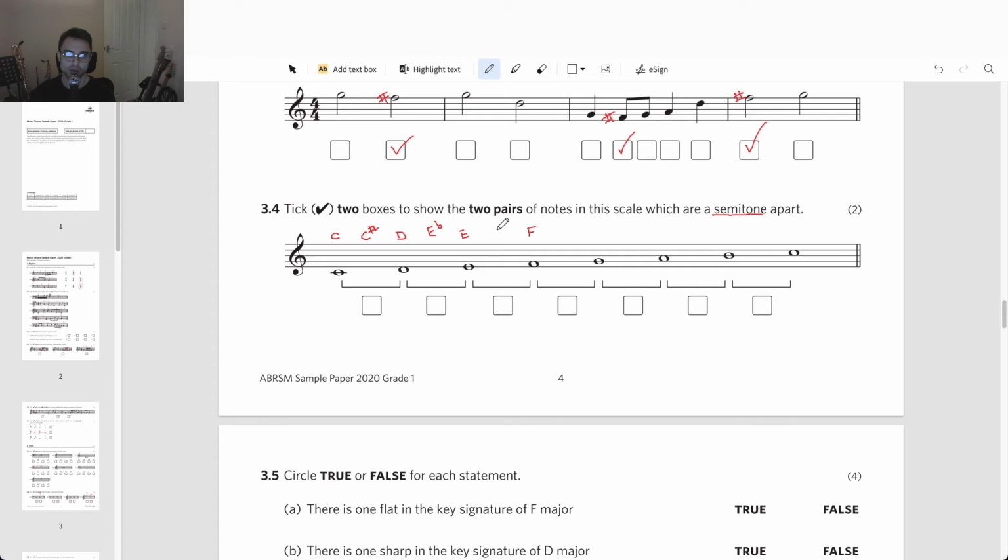Is there a note that we can put between E and F? E sharp? No, we can't.